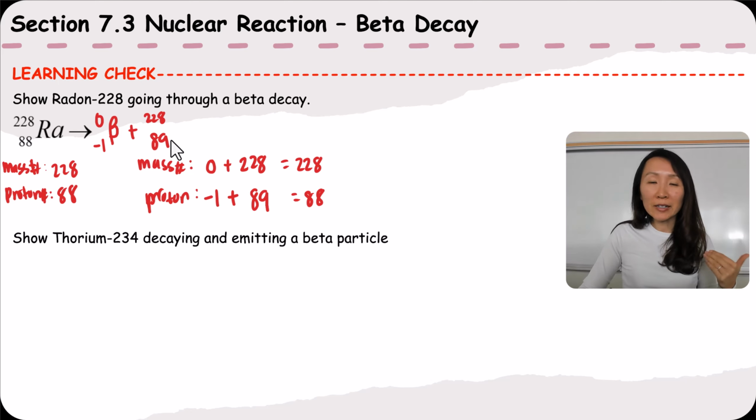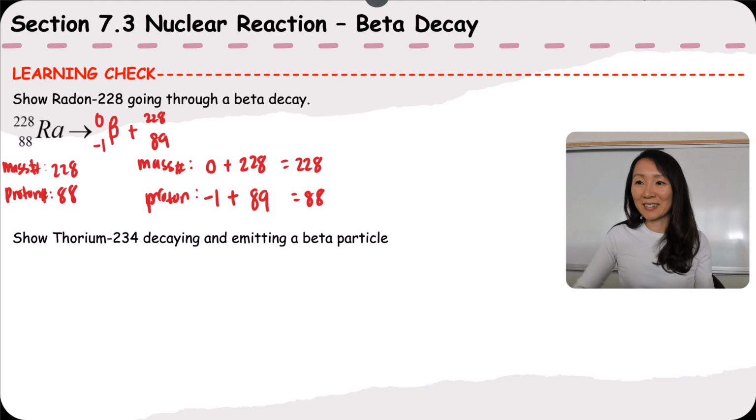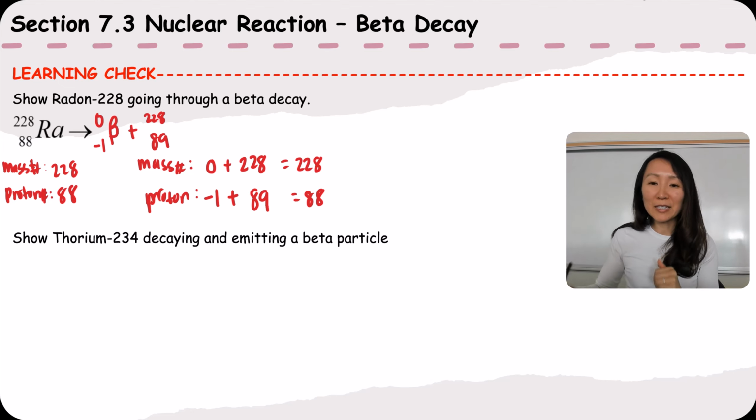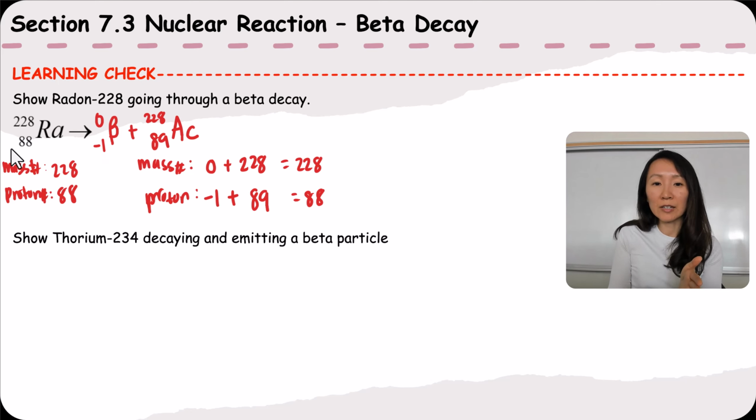Look in your periodic table and see where 89 is, and then come back. You might have noticed it says actinium, Ac. So having this actinium right here, 89, with the -1, gives me 88.